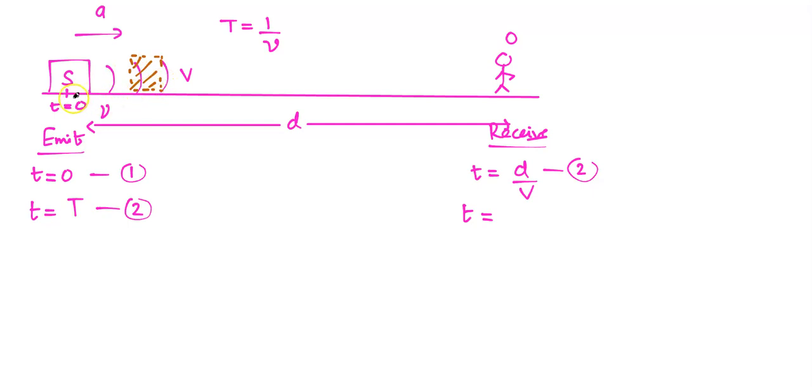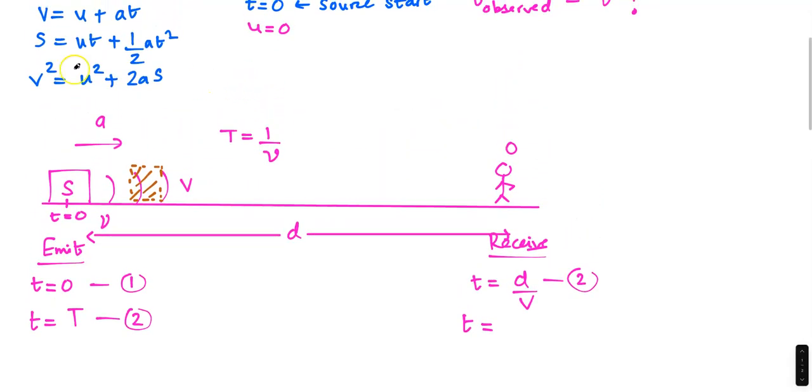And how far would it have traveled in that time? Well, this is where the equations of motion come in handy, right? Because we know it started with a speed of 0, okay? So u is 0. So it would have traveled distance s, which is equal to half a T squared, correct? That is how far it would have traveled.